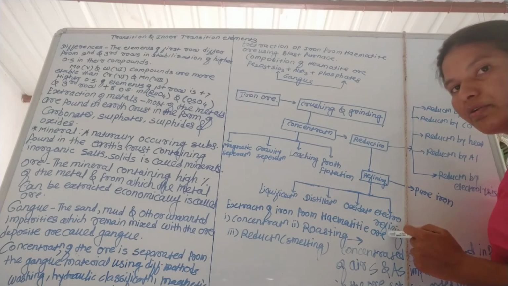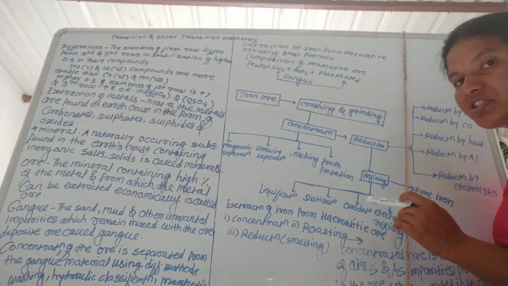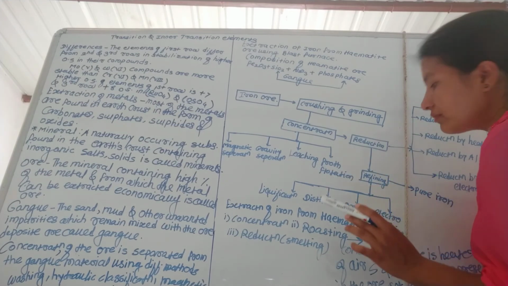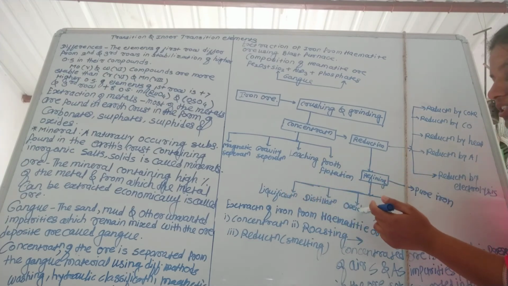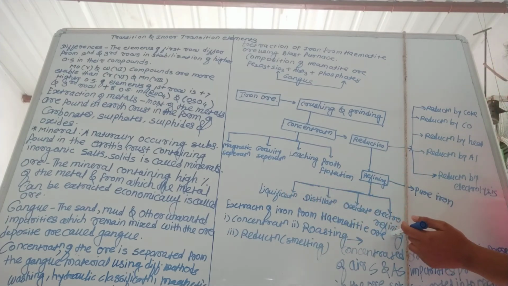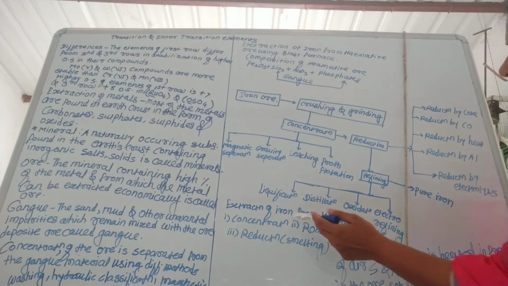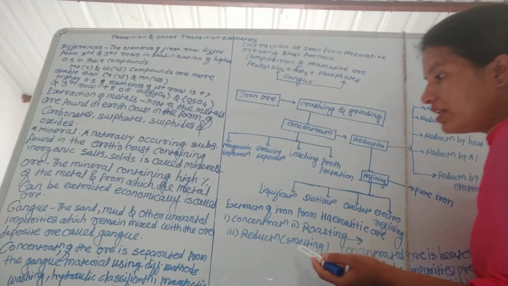All these points you will also discuss in the chapter Isolation and Extraction of an Element, in detail. Then after refining by liquefaction, distillation, oxidation and electro refining, you get your pure iron. Okay. Then extraction of iron from hematite has several steps.